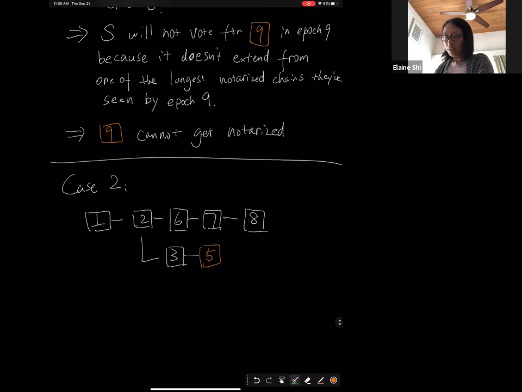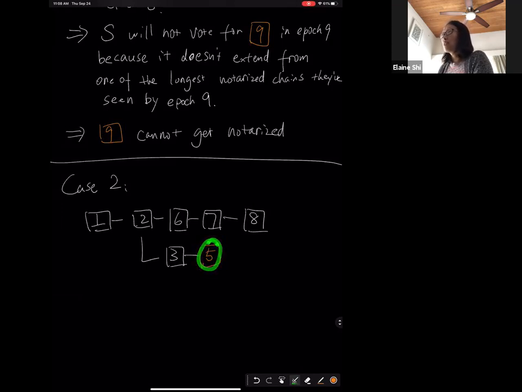So let's do it step by step. Let's suppose 5 got notarized, for contradiction. What does this mean? 5 got more than 1/3 honest votes. Exactly. Let's say more than 1/3 honest players voted for block 5 in epoch 5.